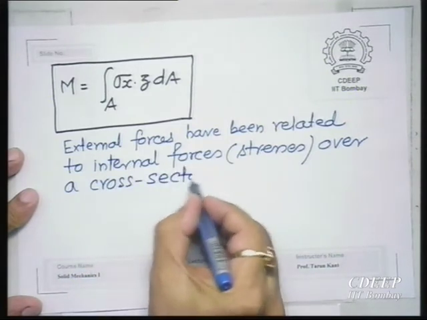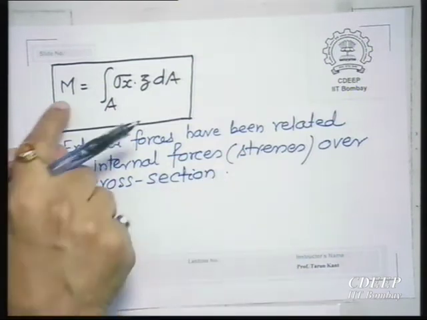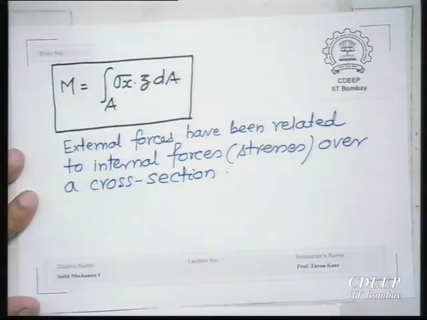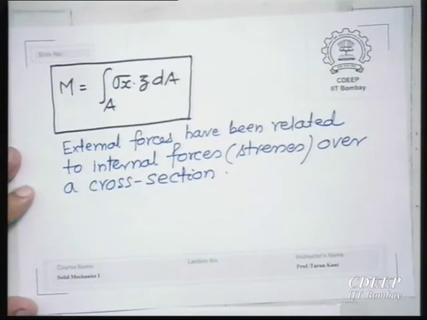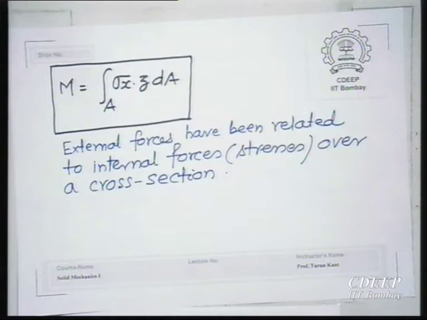By the way, this changes from cross section to cross section. M is a function of x, but here in our case M is constant, then only you can have a pure bending moment. M is not changing from cross section to cross section. Okay.